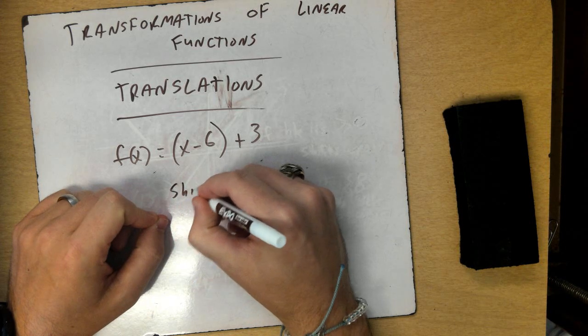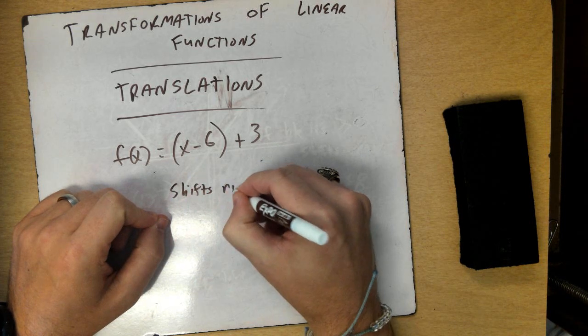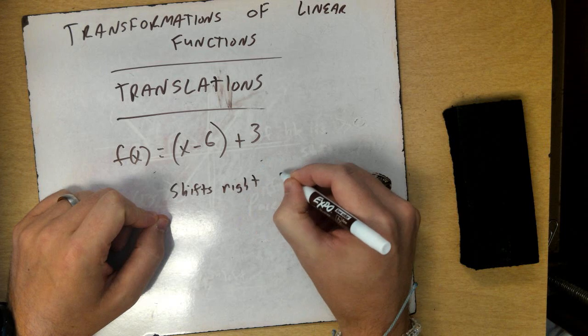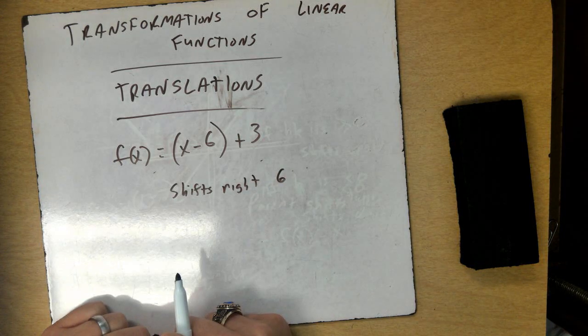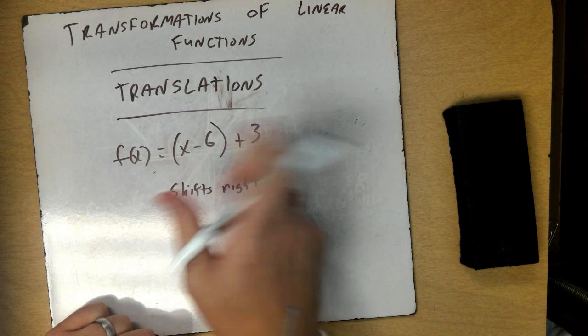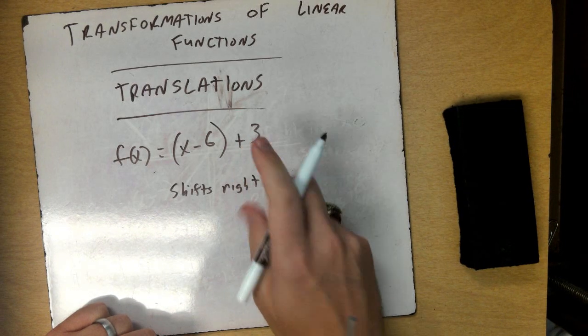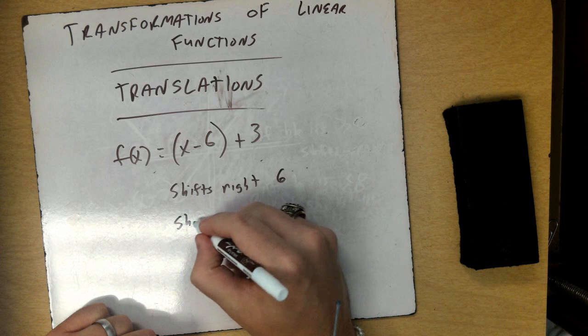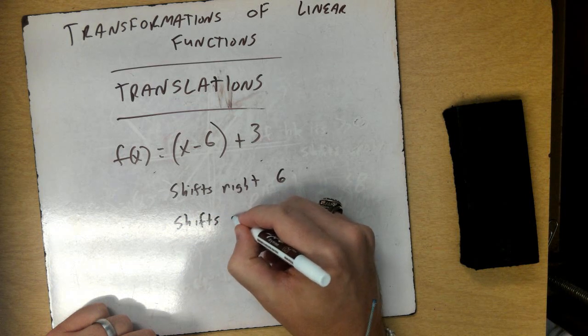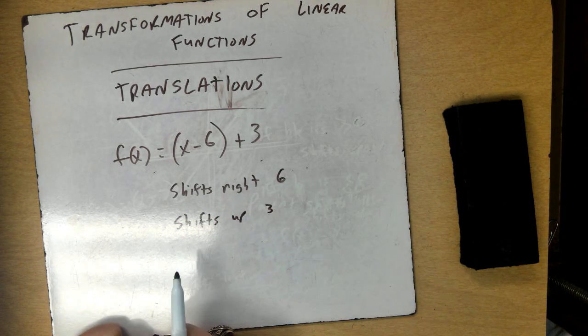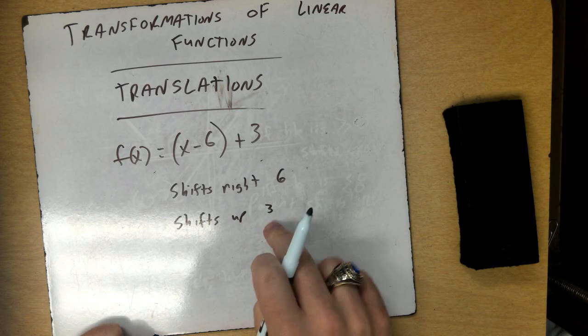So this graph shifts right 6, right? It goes 6 units to the right. And here, outside parentheses, it's plus 3. So it also shifts up 3. Okay? So it shifts right 6, up 3.